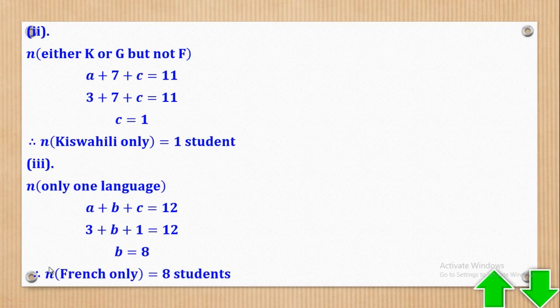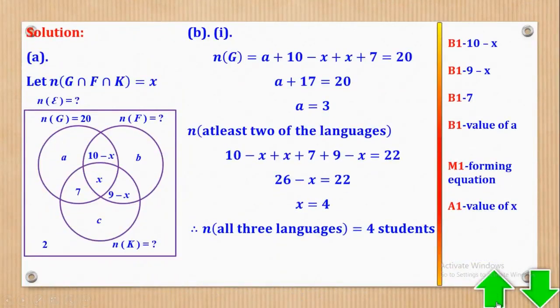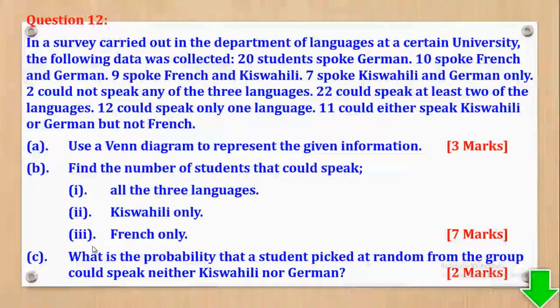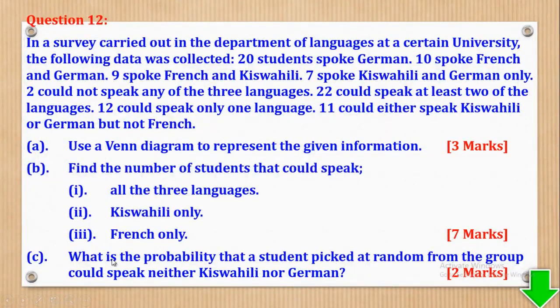So now that we are done with Roman 2 and Roman 3, now we shall go to part C of the question. So part C, they said, what is the probability that a student picked at random from the group could speak neither Swahili nor French?